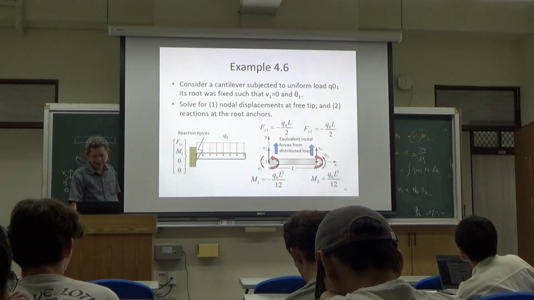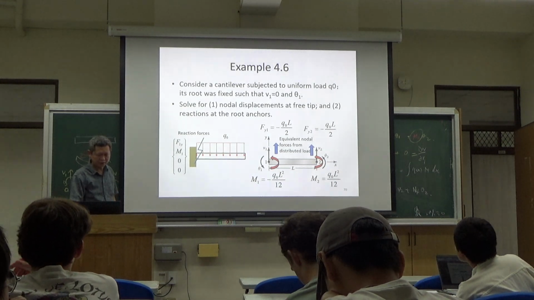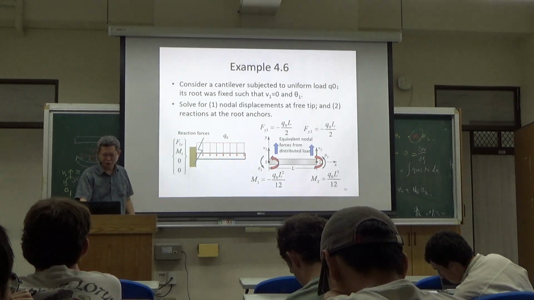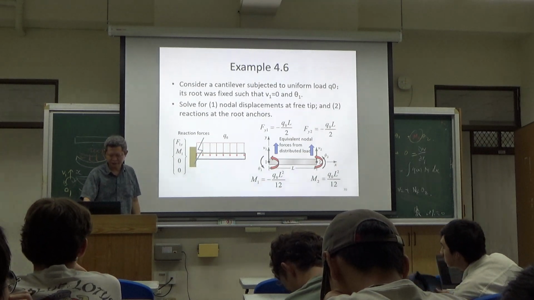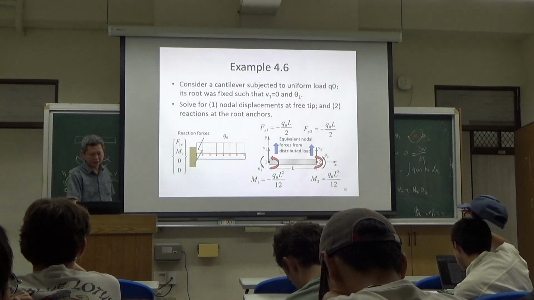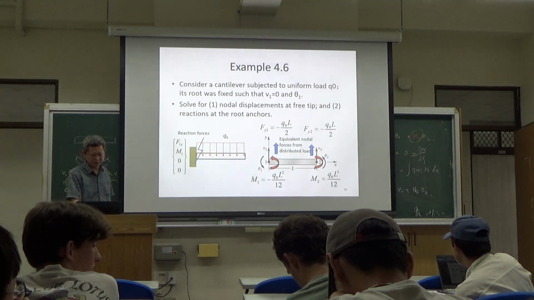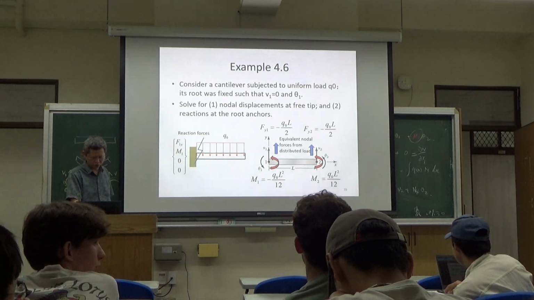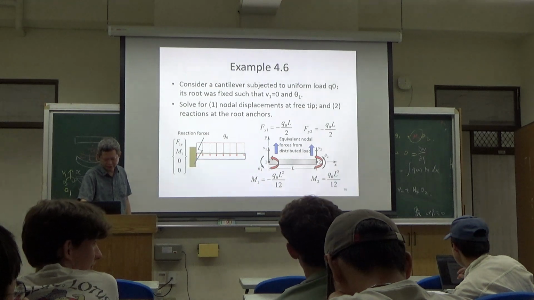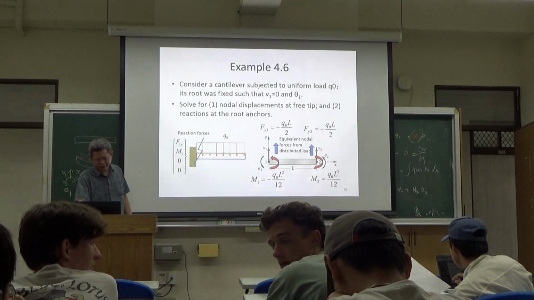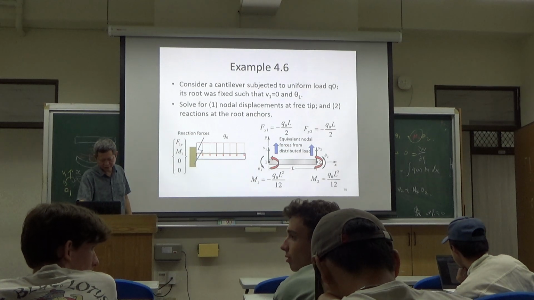So next, we see example 4.6. Consider a cantilever beam subjected to a uniform loading Q0, and its root is fixed such that V1 is 0 and theta is 0. Solve for the nodal displacement at the free end and the reaction at the root.